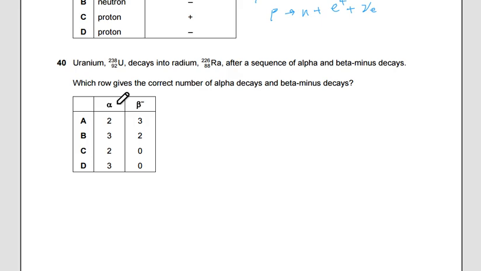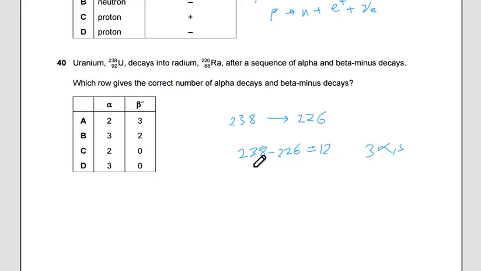Okay, another regular question about decay. We have here 238 that becomes 226. So the difference here is 12, which when divided by 4 for the change in each alpha decay, gives 3 alphas.